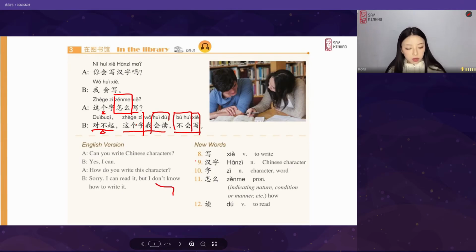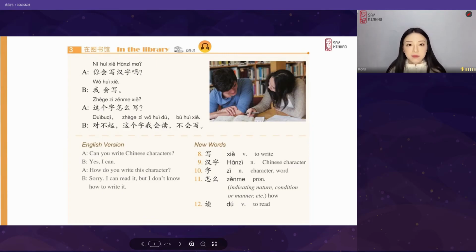Now let's try to read it from the start. 3, 2, 1, 你会写汉字吗？我会写。这个字怎么写？对不起，这个字我会读，不会写。Okay, now I will be A and you will be B. 3, 2, 1, 你会写汉字吗？这个字怎么写？Okay, very good.